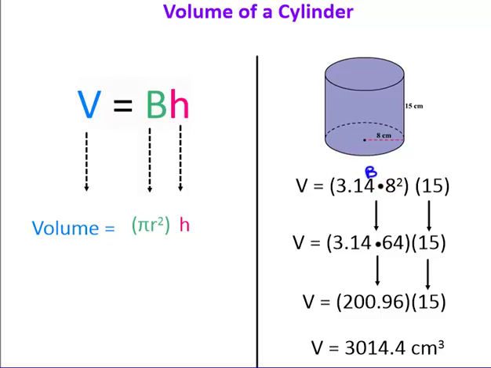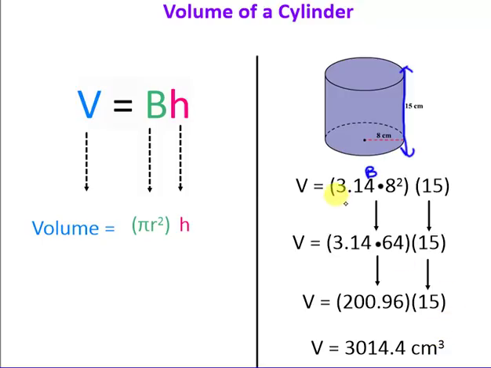This right here is the big B. Then we have the height of the cylinder, and that goes from one circular base to the other circular base. So this is the height of the cylinder, and that's going to be 15. When you simplify the inside, you're going to end up with 200.96 times 15, which is going to give you 3,014 and 4/10 centimeters cubed.